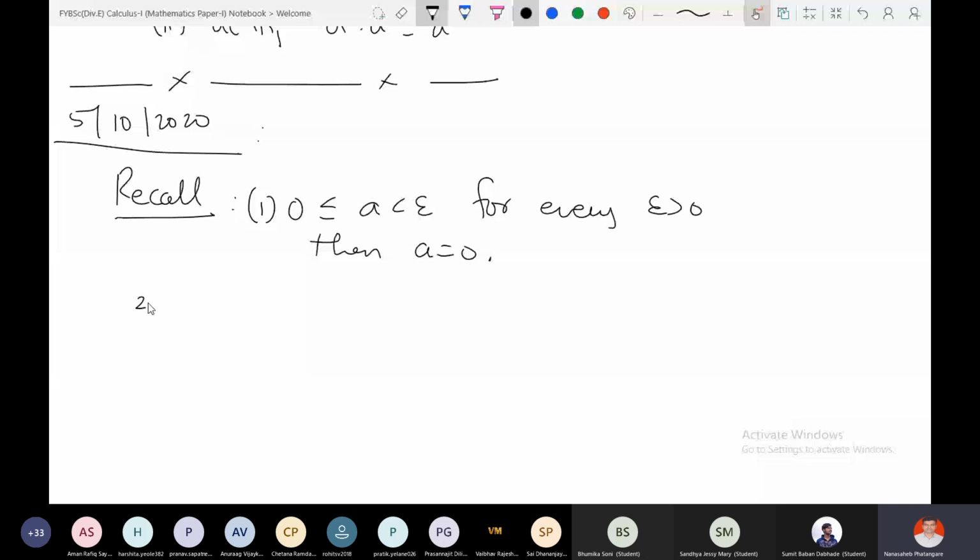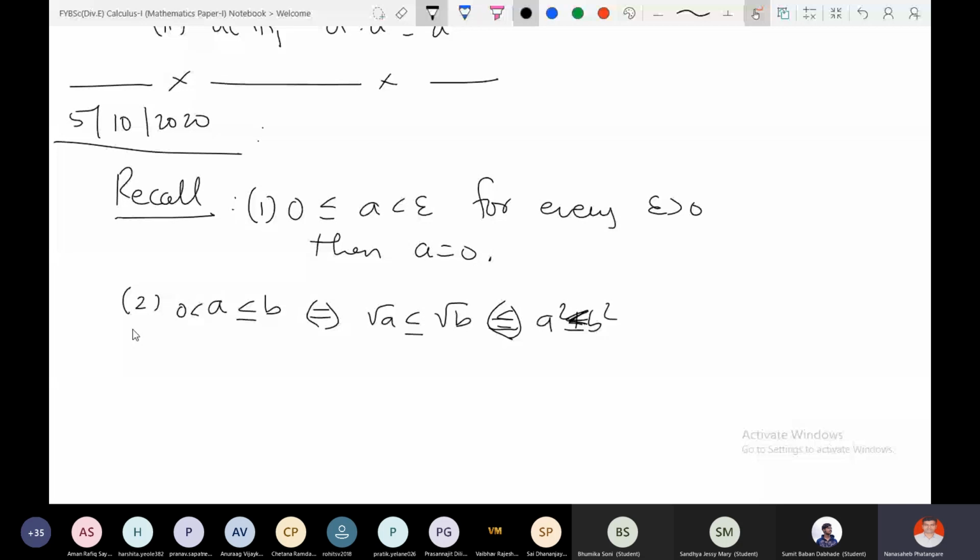Now if a and b are positive numbers, then a < b if and only if a² < b², and a ≤ b if and only if a² ≤ b². This is the if and only if that we discussed.